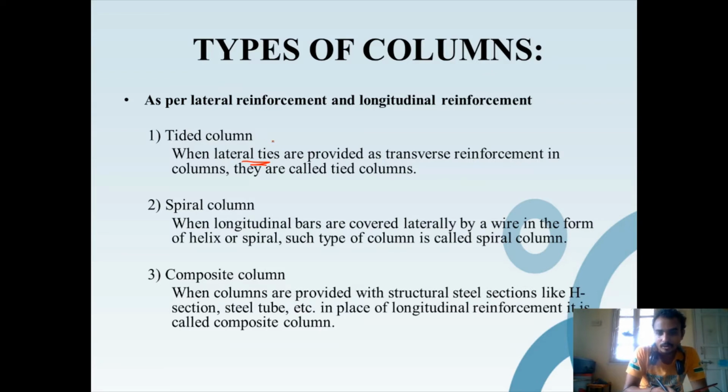In a spiral column, we have a column with a spiral shape. And composite column, in this section we use a steel structure. I can explain it in the figure.